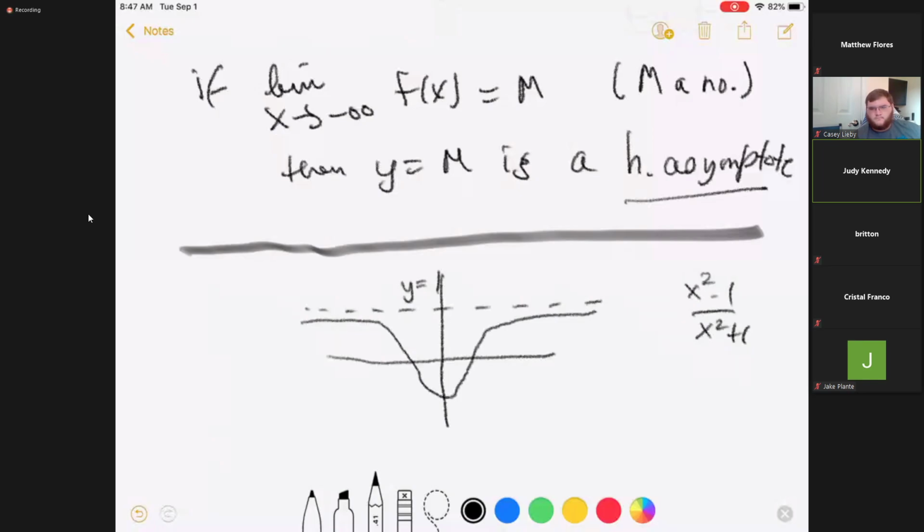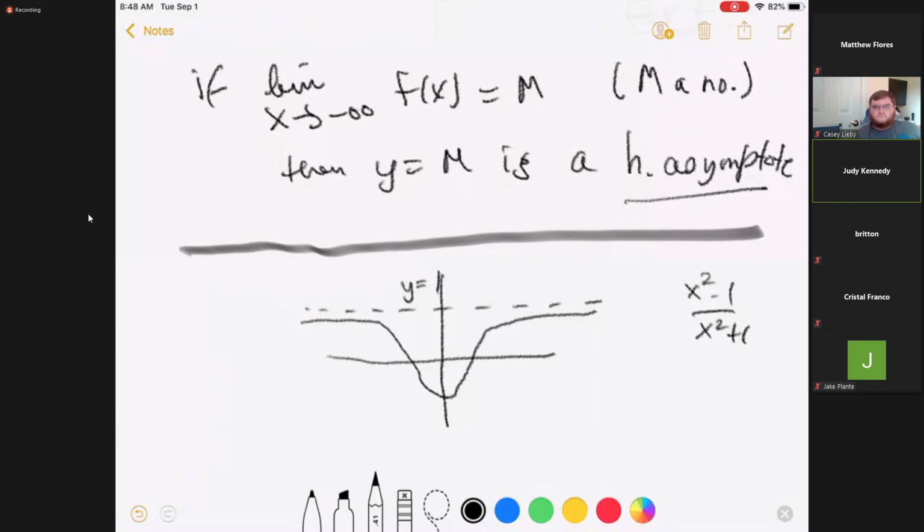You can kind of see, rational functions will quite often have horizontal asymptotes. In fact, it always does if the power of the polynomial in the numerator is equal to the power of the denominator.